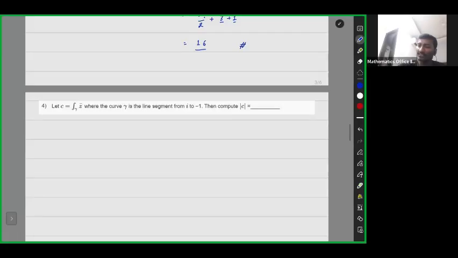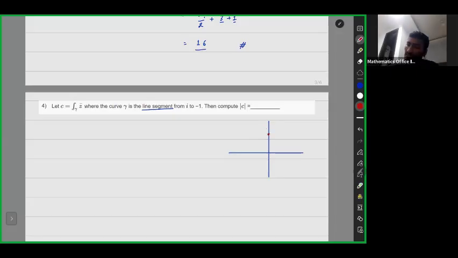First, let us draw this line segment and see where it lies. We have the complex plane, and this line is from i to minus 1.